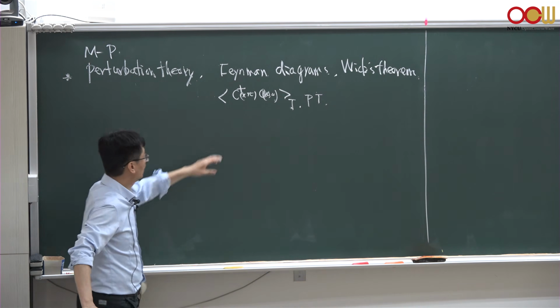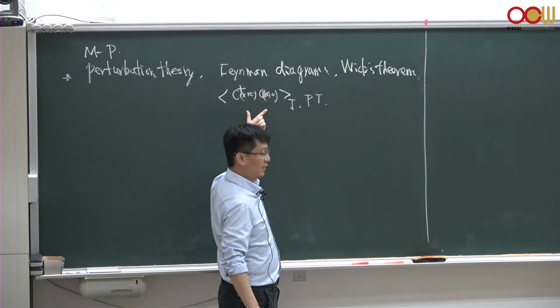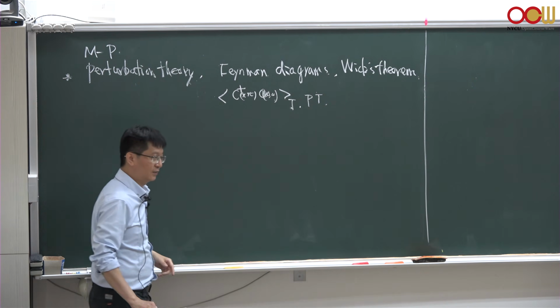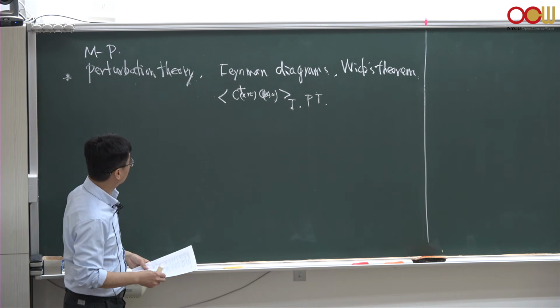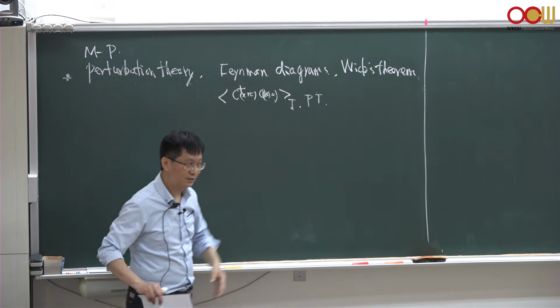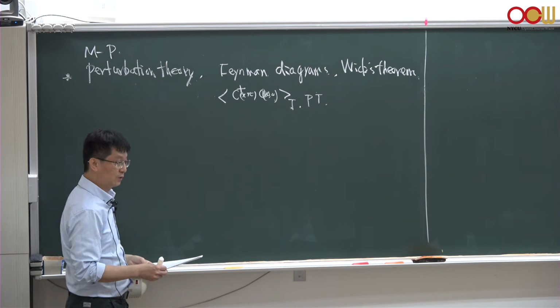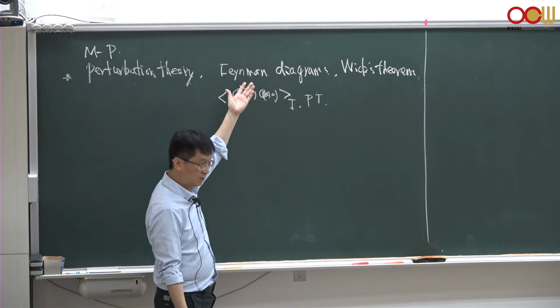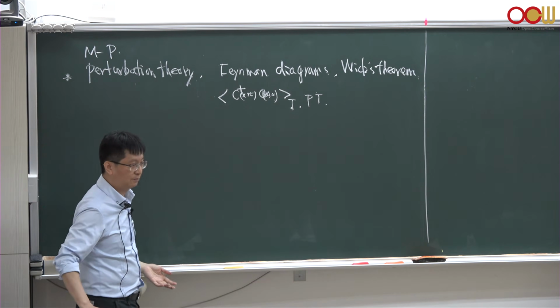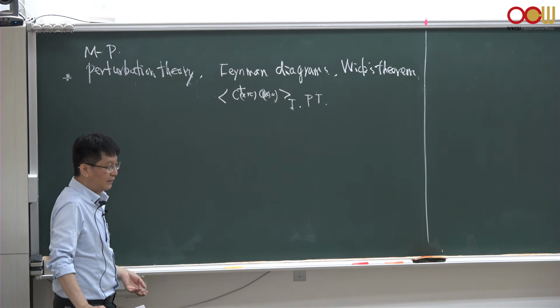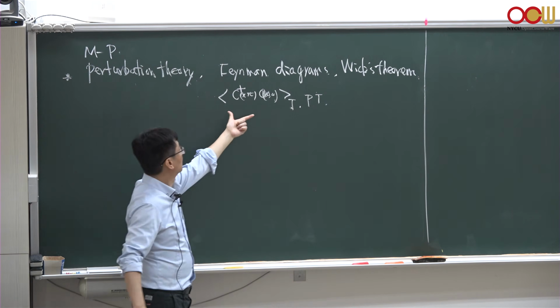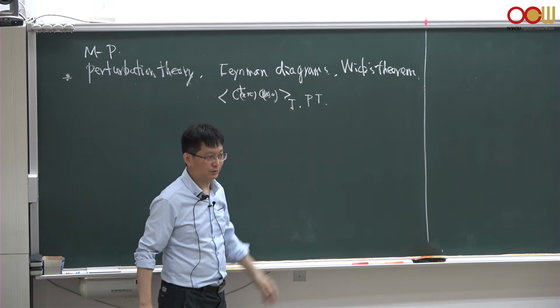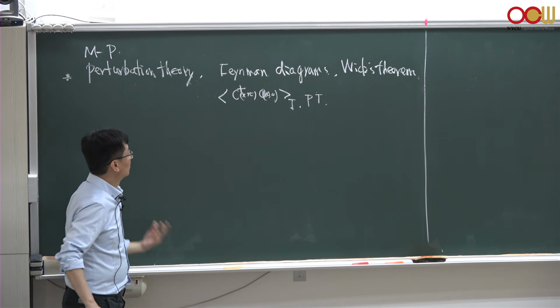So how do you systematically evaluate these things order by order? This is the hard problem, but fortunately Feynman already solved it for us, and we just need to follow his proposals and get used to the diagrammatic representation of these terms in the perturbative expansion. That's what we will learn.